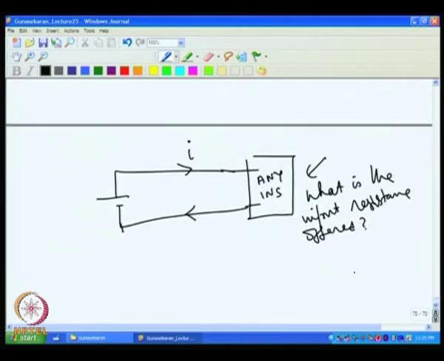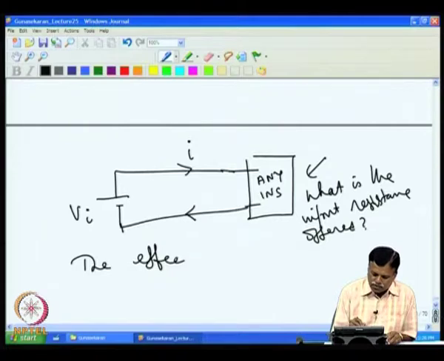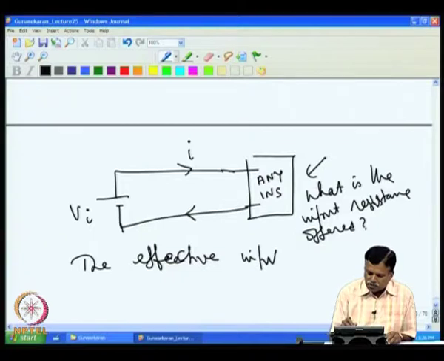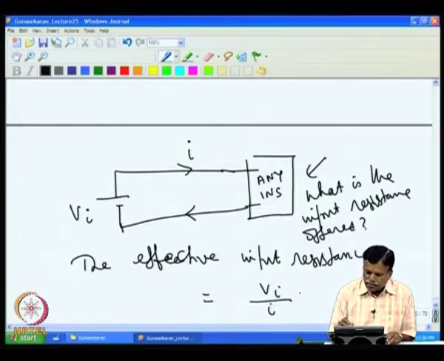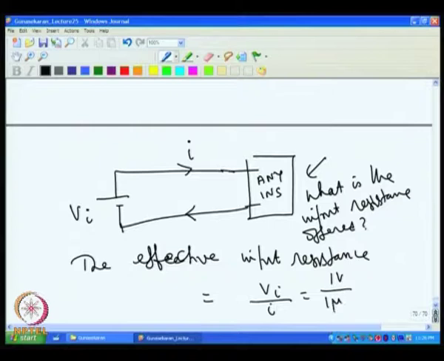Now, if you want to find this, then normally, we have the input voltage Vi, and the effective input resistance would be Vi by I. For example, if I have 1 volt and 1 microampere current, then we have 1 megohm as the input resistance offered by the instrument.